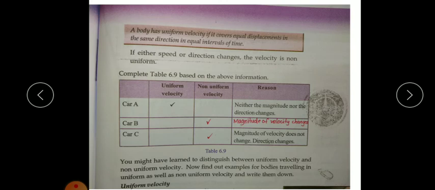On the next page, you can see a body has uniform velocity if it covers equal displacements in the same direction in equal intervals of time. So we can say that a body has uniform velocity only when it covers equal displacement in the same direction in equal intervals of time.